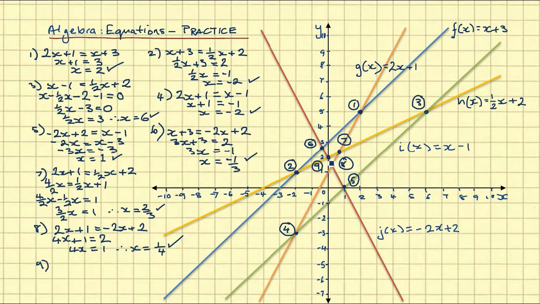Let's see if it does. So what are the functions that we've got? We've got half x plus 2 equal to minus 2x plus 2. So again, pause the video and see if you can solve for x.